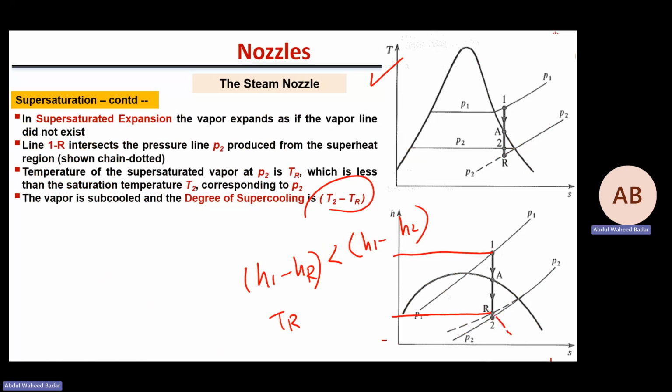If this saturation curve is shifted here, this pressure line would have been continued like this, so point R will be on that imaginary P2 line. That's what we observe from the TS diagram and the HS chart, but is it the same here also? That's what we need to understand.